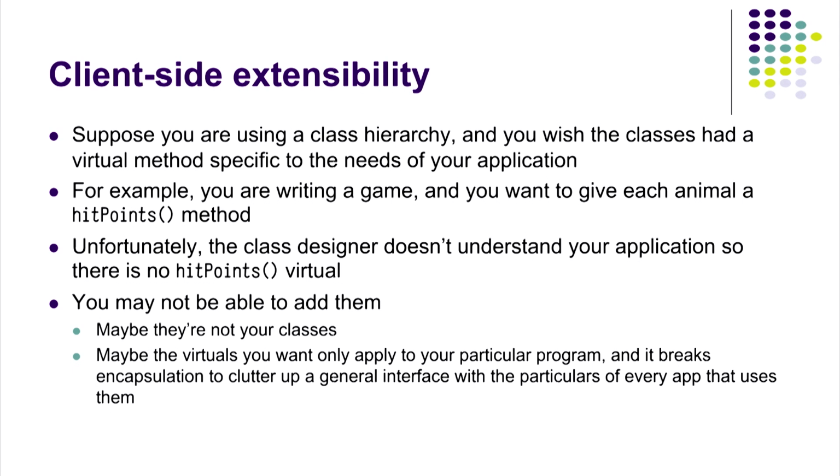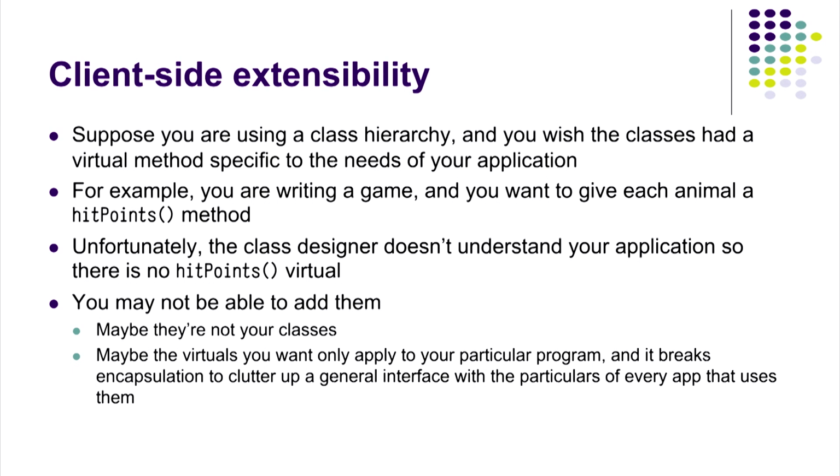Now, suppose you're using this animal hierarchy and you really wish they had a virtual hit points method. But the class designer doesn't know you're writing a game, so they didn't put one in. And even if they were your classes, you probably don't want to clutter up your animal classes with the particulars of every application that uses them.